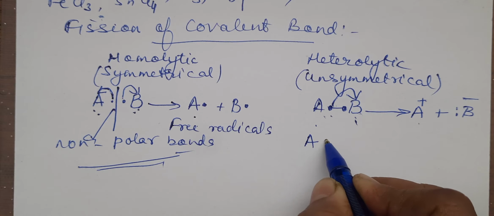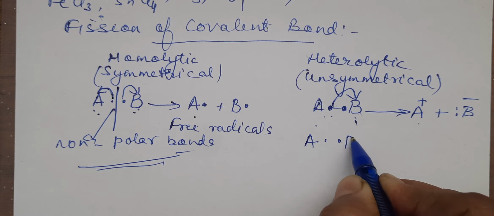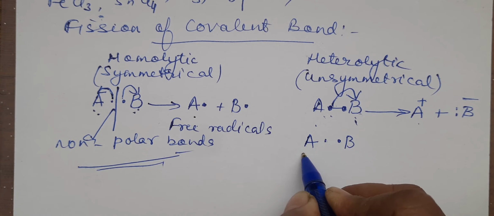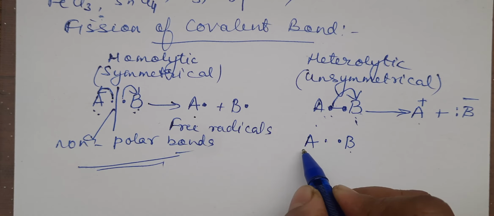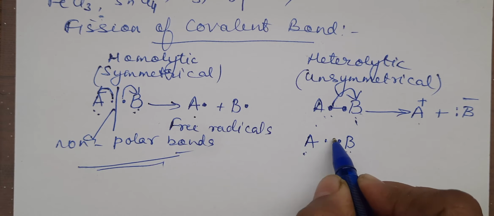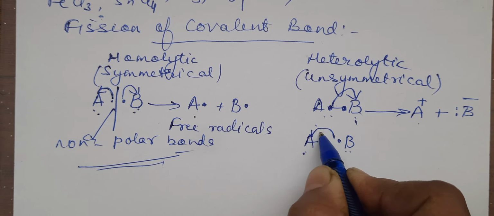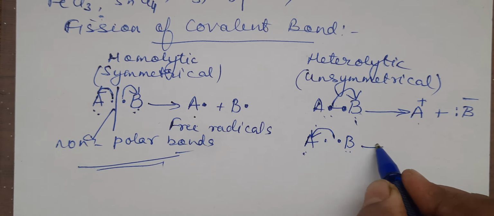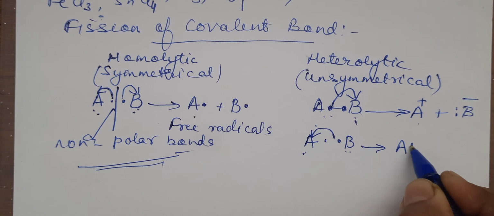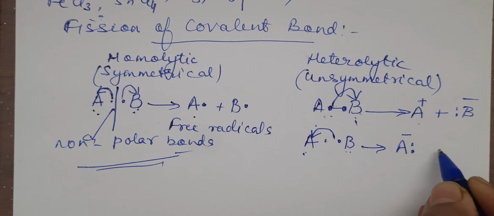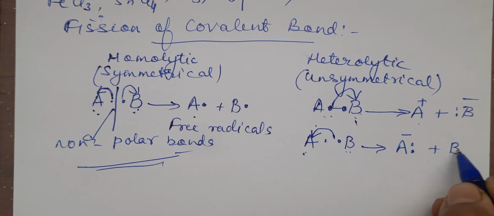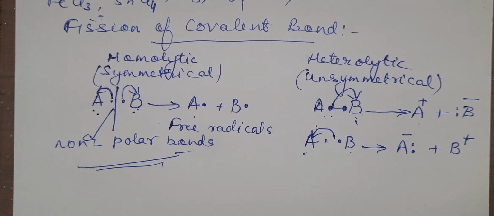Suppose it was reverse. Sorry, A is more electronegative than B. In case A is more electronegative than B, then both these electrons will move towards A and it will result in the formation of A with both the electrons and negative, B without an electron and positive.